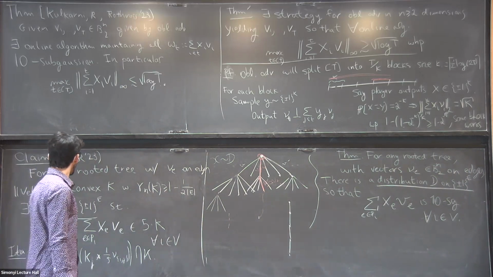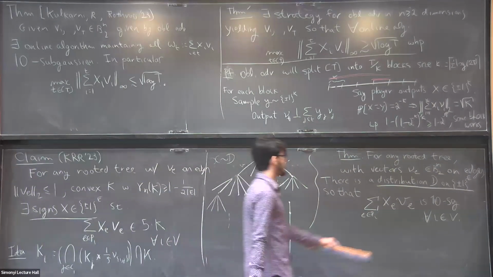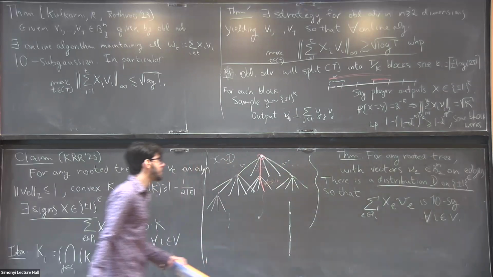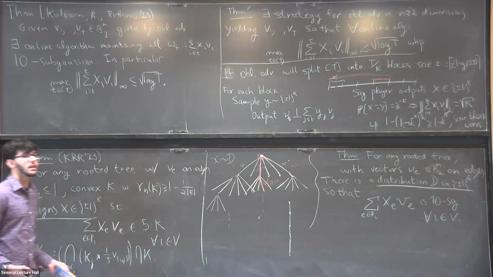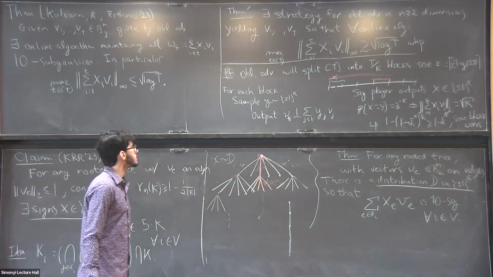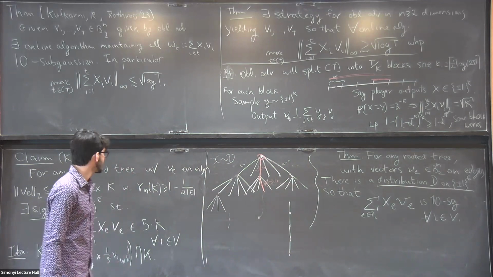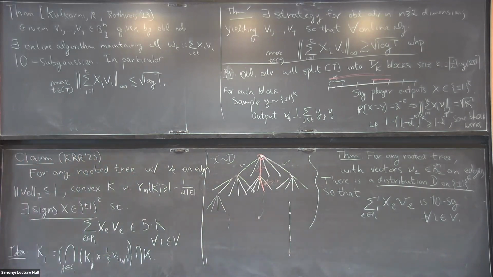Here the statement is about subgaussianity, and here the statement is about a convex body. So it's not clear what you mean by a single sign. If for a large measure convex body K, you were able to produce a single signing, you would be good to go, right?